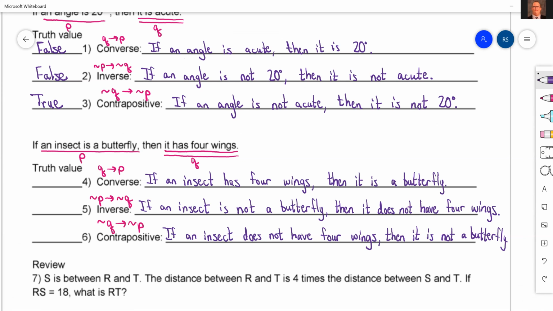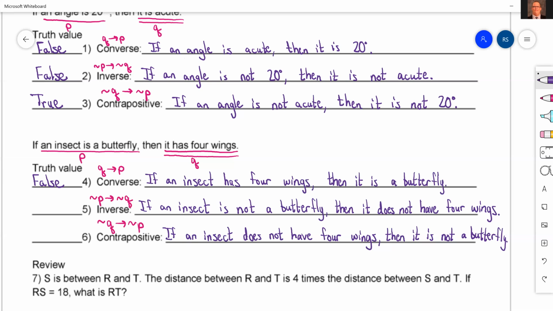No. Other insects have 4 wings, so this is false. It could be a moth, a wasp, anything that has 4 wings. It could be a dragonfly. It does not have to be a butterfly.